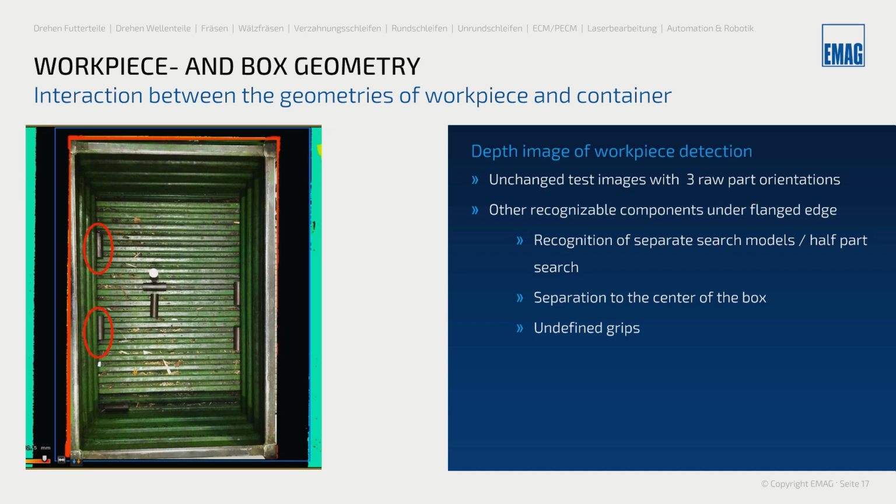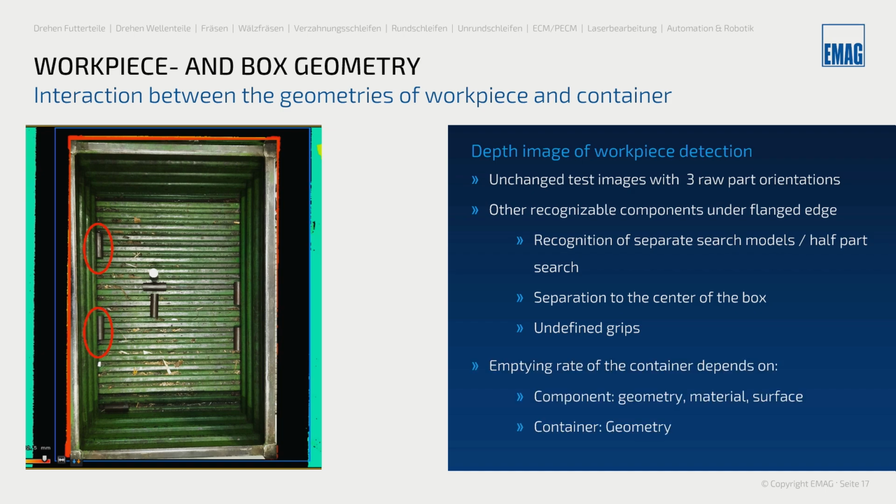First of all, we have to say parts below the flanged edge of the container are badly visible. And in this case, we also placed the box out of the center of the camera. So on the one side, we had accessibility. On the other side, we did not. And during the next slides, I want to talk about the emptying rate of the container.